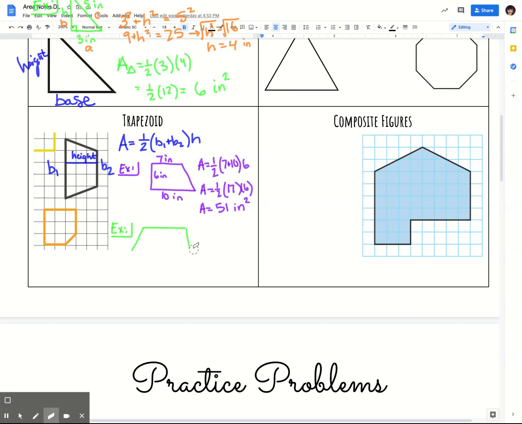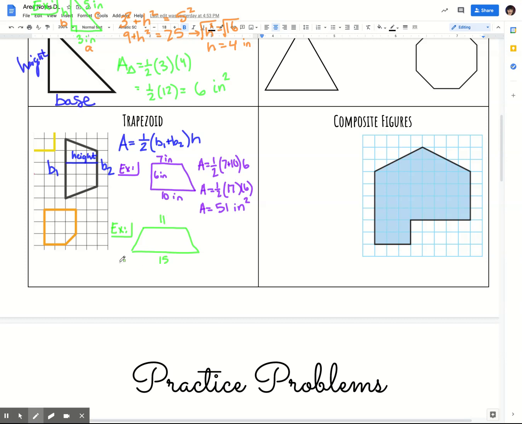Okay, so I've got one more example for you here. Hold on, I'm really trying to draw this so that it actually looks like what I want it to look like. Close enough. Okay, so I'm going to tell you that this top base here is 11 and the bottom base is 15.